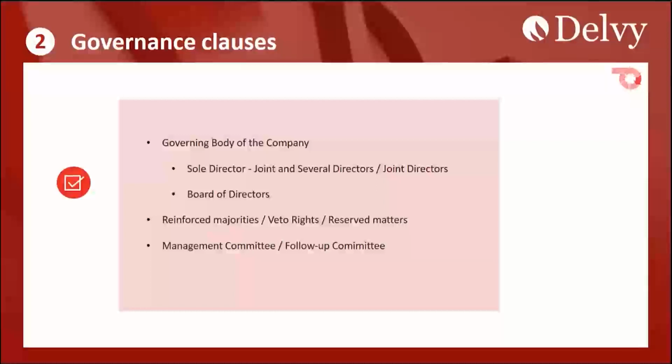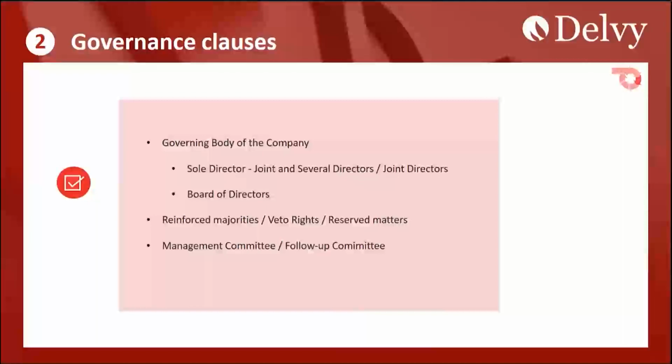They might want to regulate in the shareholders agreement or in the investment agreement if we want to put reinforced majorities, or more strictly even veto rights, in the sense that they might say you cannot make any decisions of making new share capital increases, basically new funding rounds, if you don't have my vote to do so.